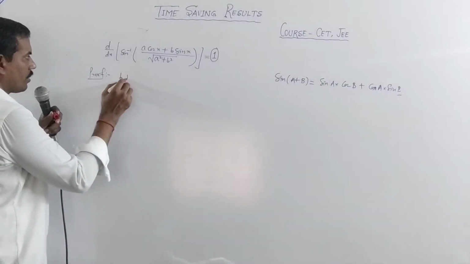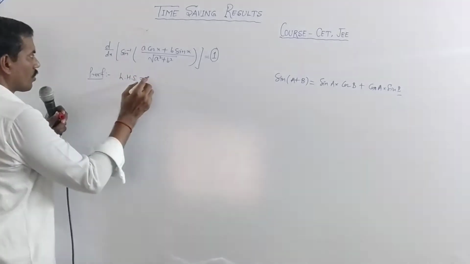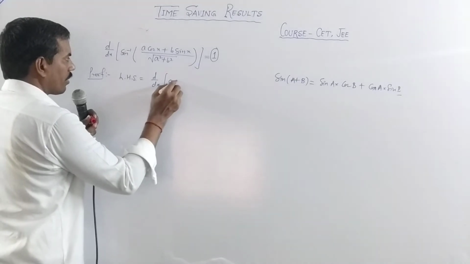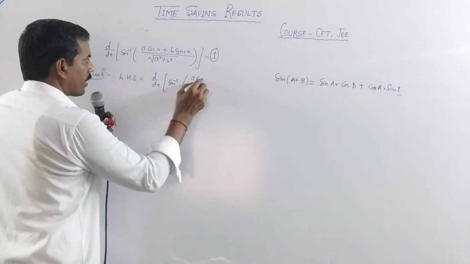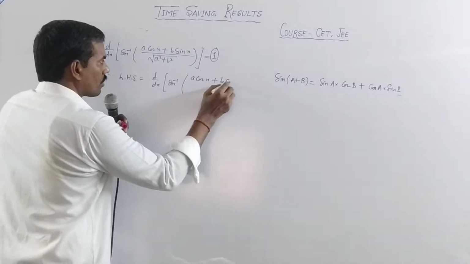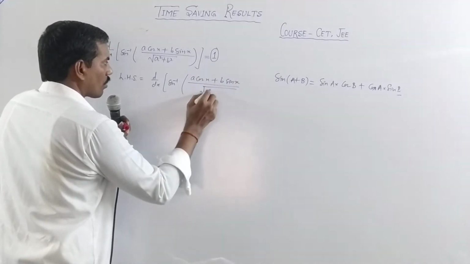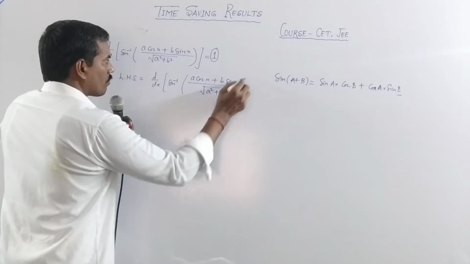Taking the left hand side, this is equal to d by dx of sine inverse of (a cos x plus b sine x) whole divided by under root of a square plus b square.